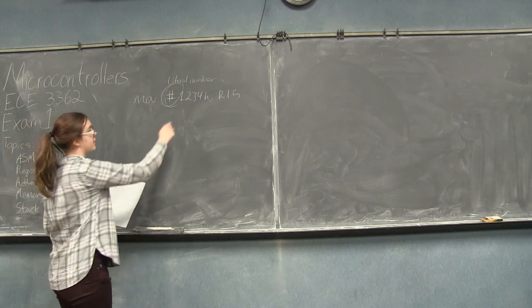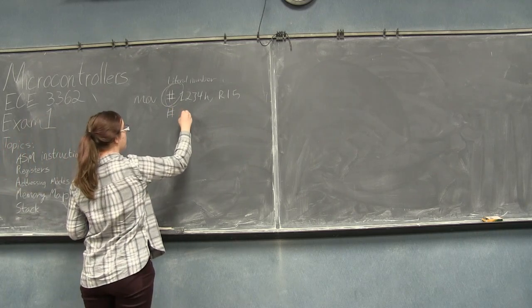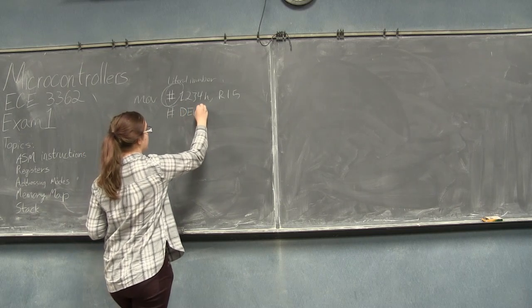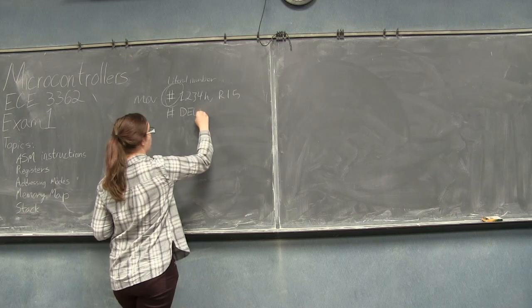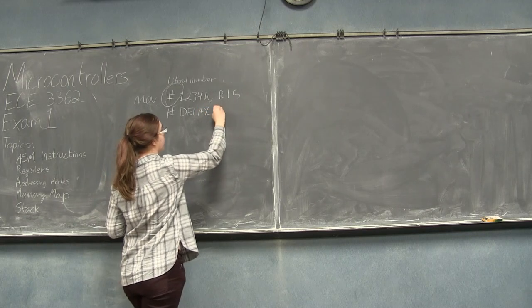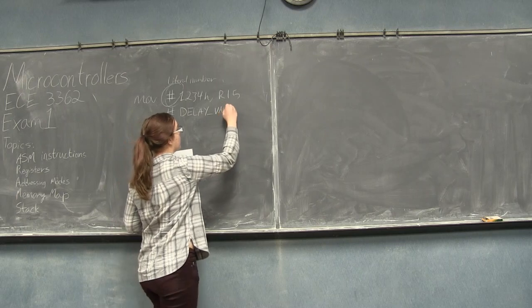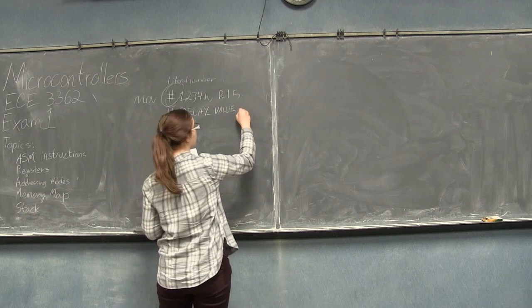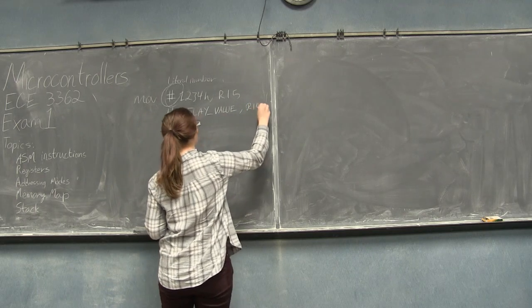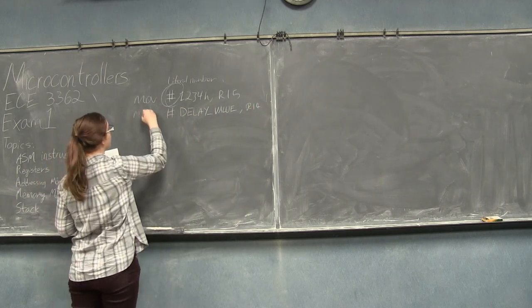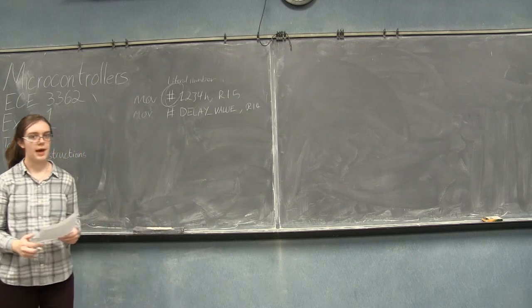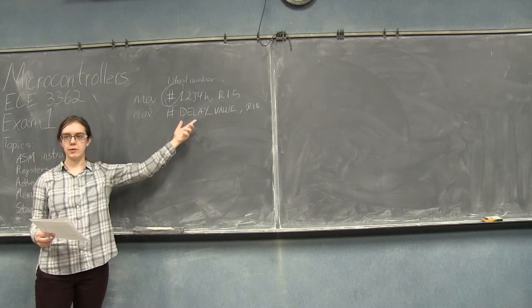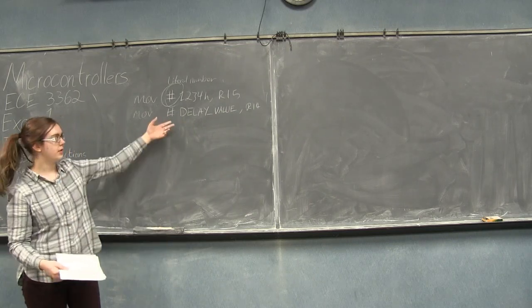You can also use this for constants. So say you had a constant at the beginning of your program, or you set delay value to equal like 1,000 if you were to use this in a loop.